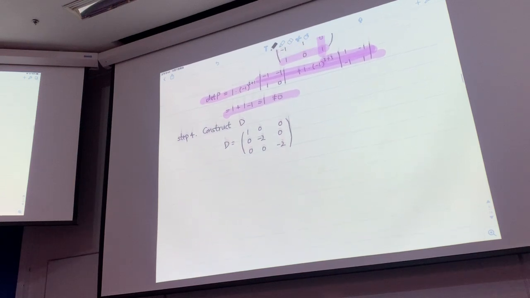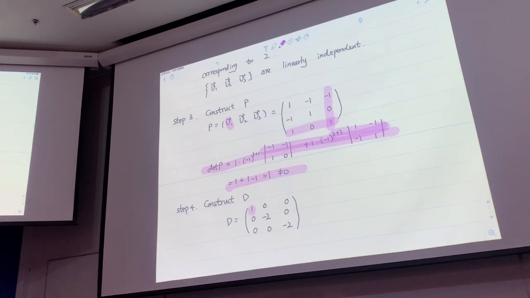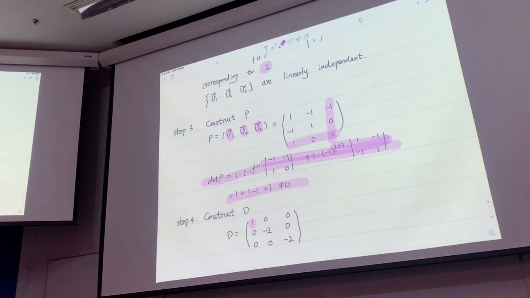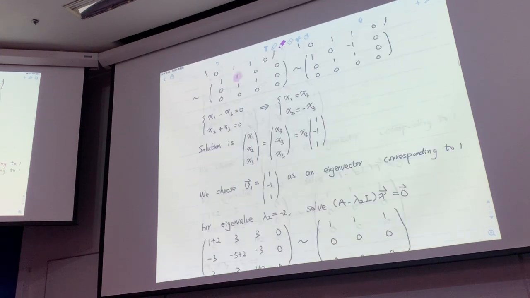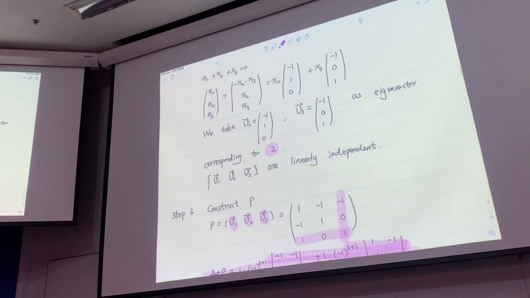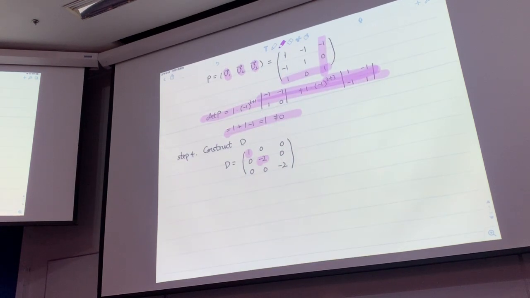Okay, so why do I use V1 here? That's because of lambda 1, right? V2, V3 correspond to lambda 2 here. Then here, let me see. Sorry, there is a typo here, negative 2. So that's why we have negative 2, right?